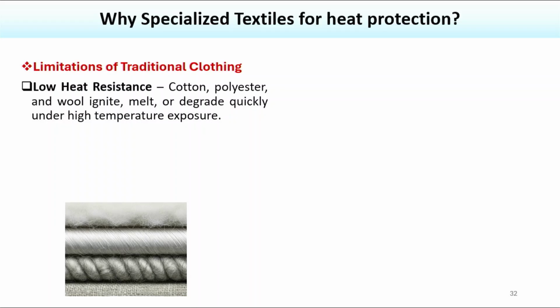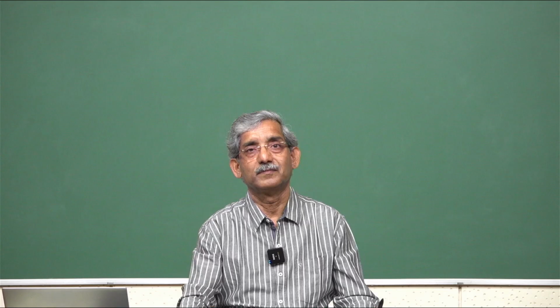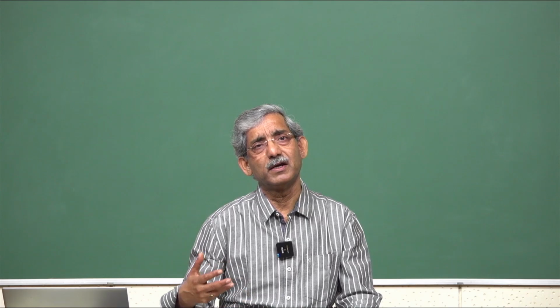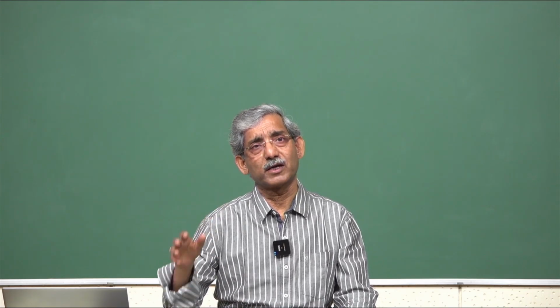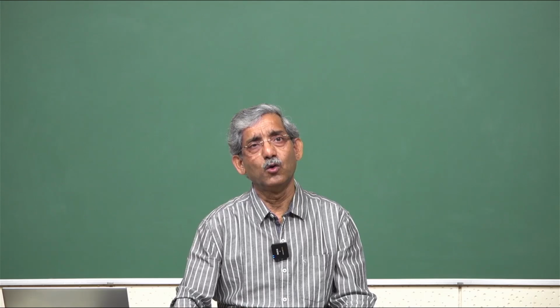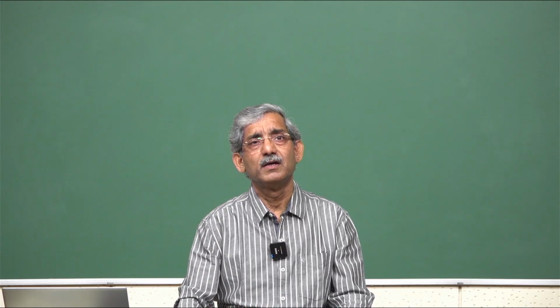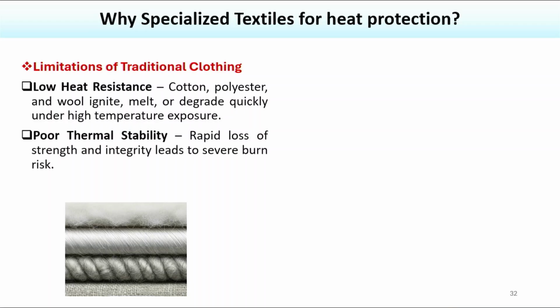So, we cannot use polyester or wool independently for fire protective clothing due to their low heat resistance, poor thermal stability and rapid loss of strength. At high temperature the fabric or fiber should retain its strength and integrity.